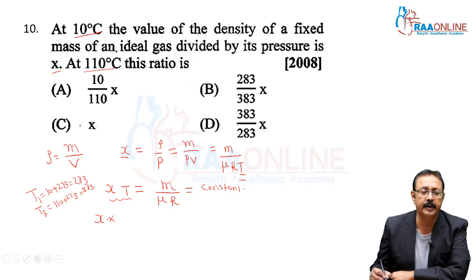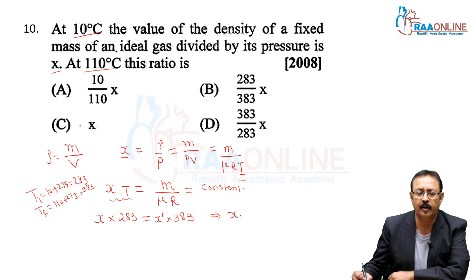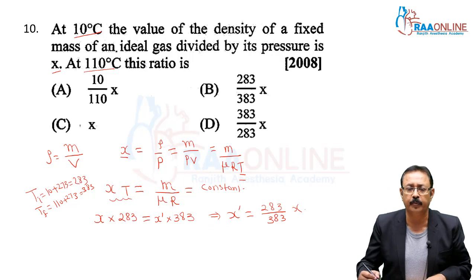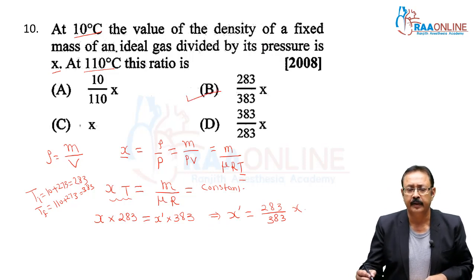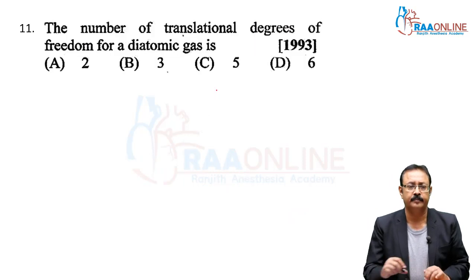So the initial temperature was 283. Now if the value of the ratio is x dash, with temperature 383, the product should be constant. So now this ratio will become 283 divided by 383 into the old ratio. So we will go with option number B. They asked this problem in 2008.